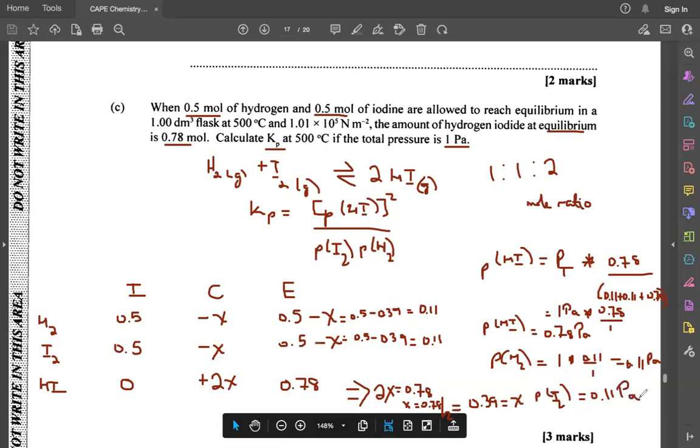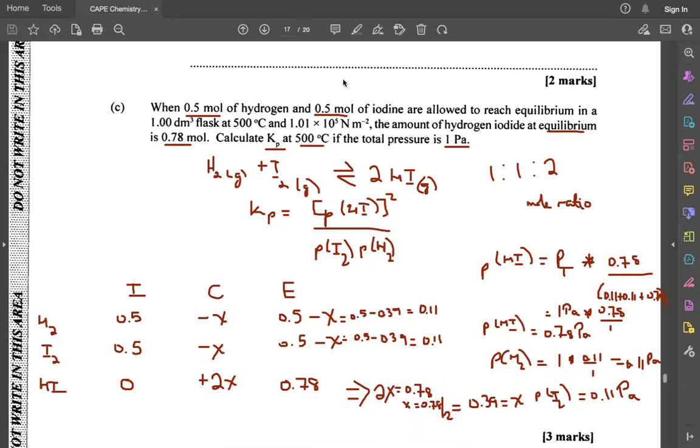So now all that remains is for us to plug these partial pressure values into our Kp to be able to calculate the value of Kp at 500 degrees C, right? So let's just plug that in. I'm going to put this in a different color here. So we're plugging in these numbers now, right? 0.78 is for HI, so we're going to put that up here. 0.78 for HI's partial pressure, and we have to square it.